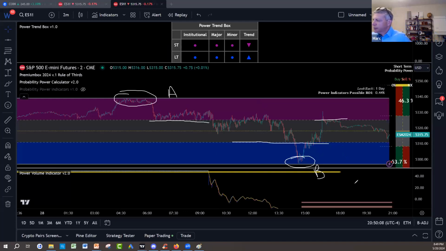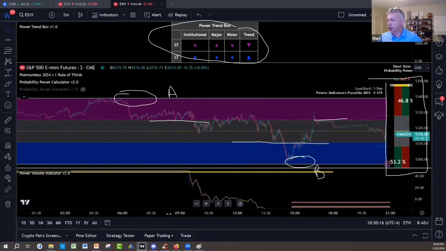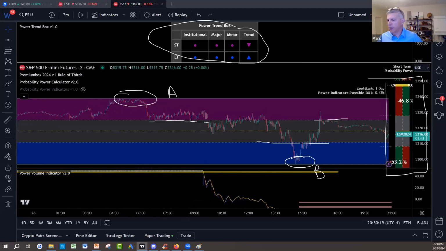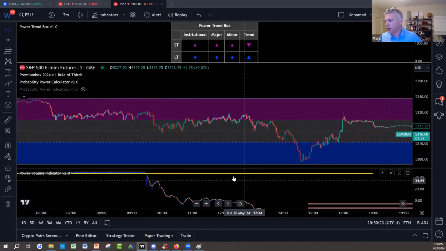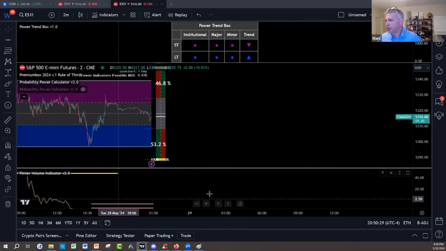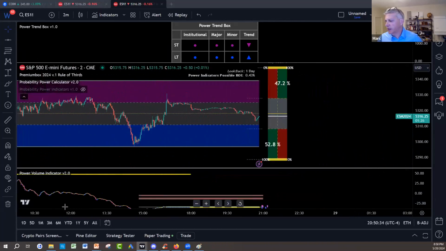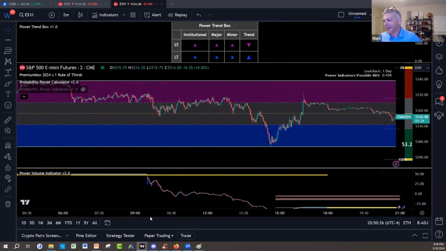Now, on the right side, you have the probability, and on the top side, you have the net seller, net buyer, and on the bottom side, as you know, most of you have been with me before, it is the secret weapon, the volume indicator, the same volume indicator that you had back in the days, a little bit more refined, but it is right there to bring you to the promised land without promising.